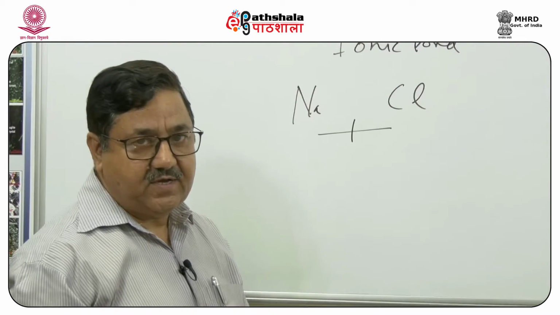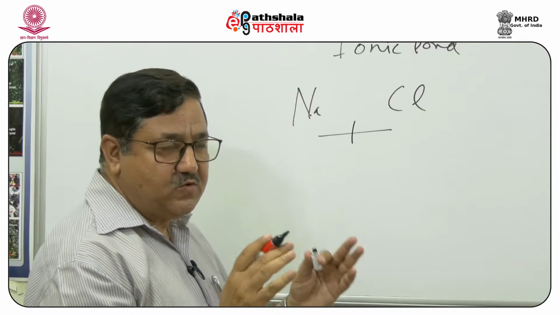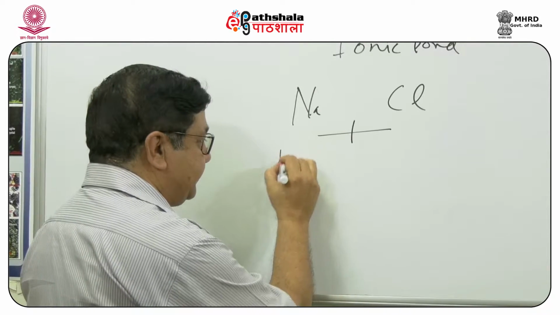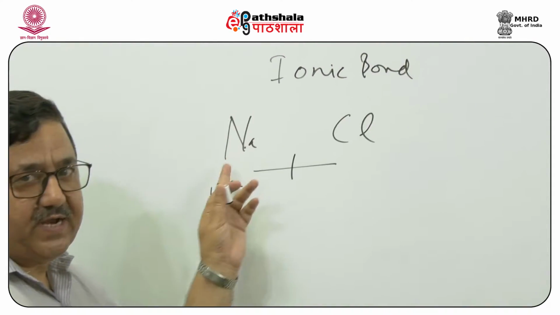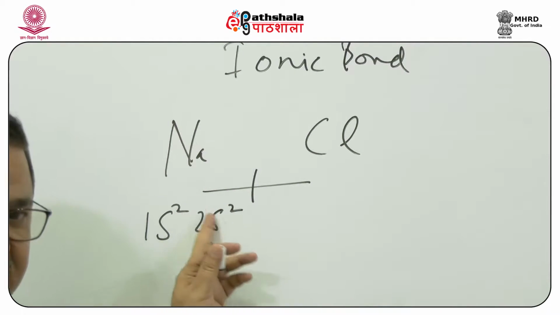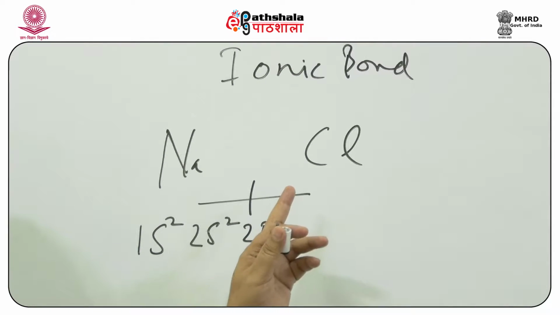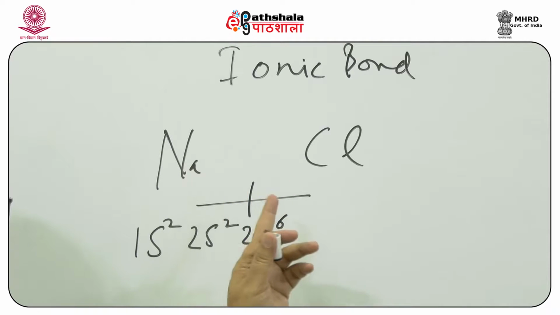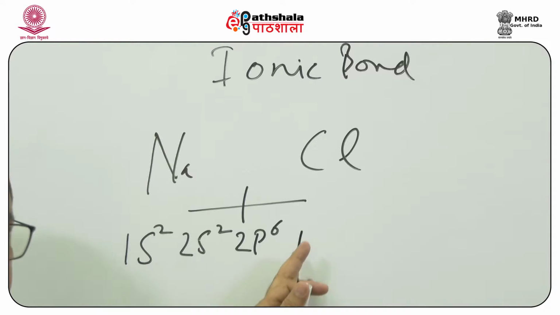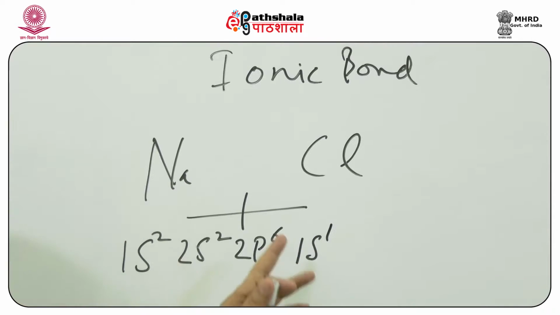This is achieved when we look at the configuration of electrons in the two cases. In case of sodium, the configuration is of this nature: the first shell has 2 electrons, the second shell has 2 electrons in the first orbital, and then 6 electrons in the outer orbital of the second shell, and as we start with the third shell, 1 electron in the s orbital.